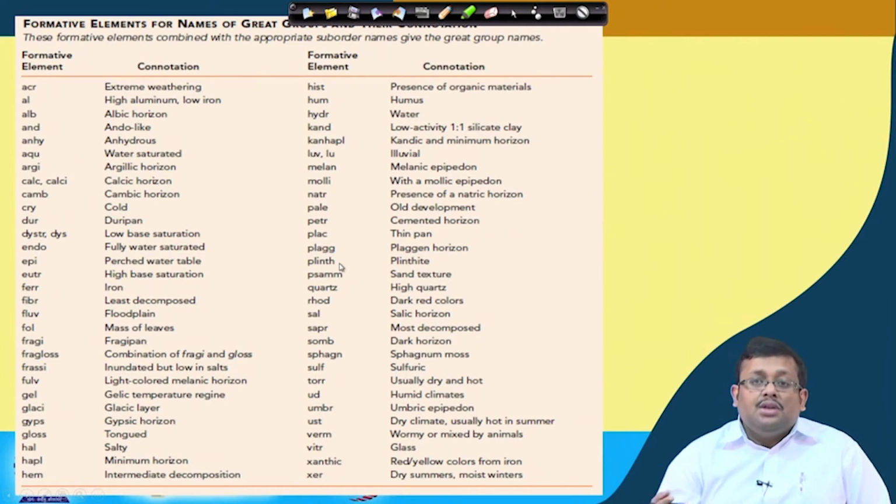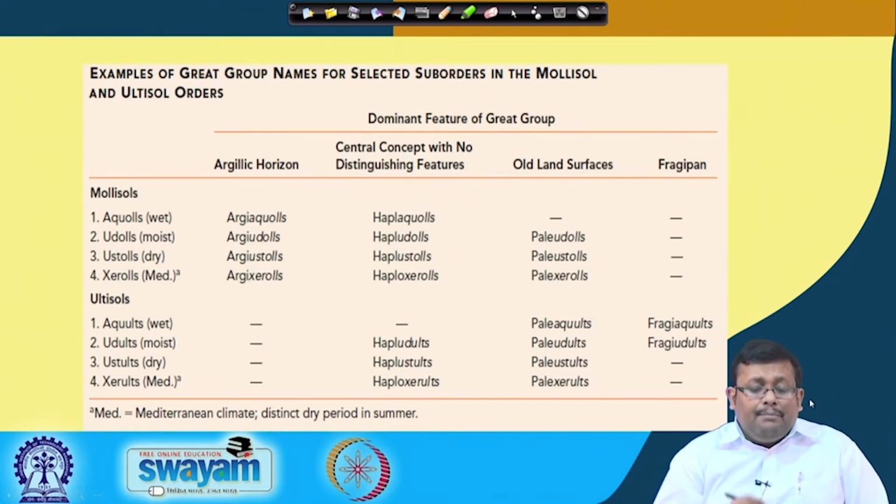So, based on the presence or absence of a particular subsurface or diagnostic horizon, they name different types of great groups. Let us see an example of great group names for selected suborders in the Mollisol and Alfisol orders.